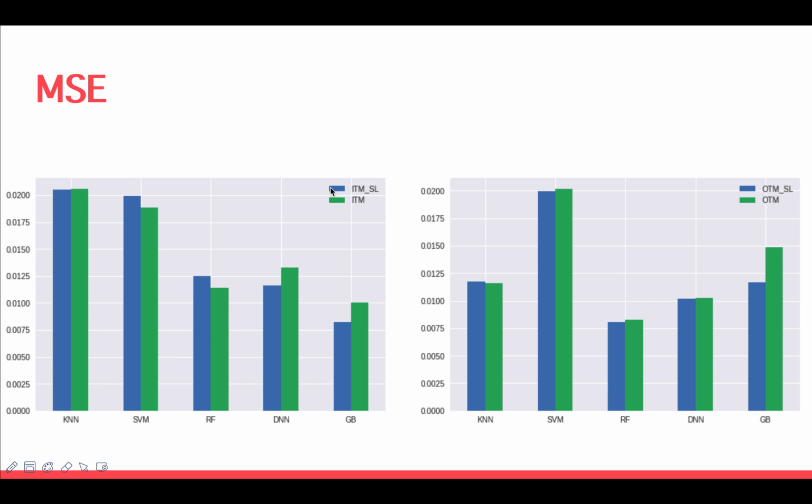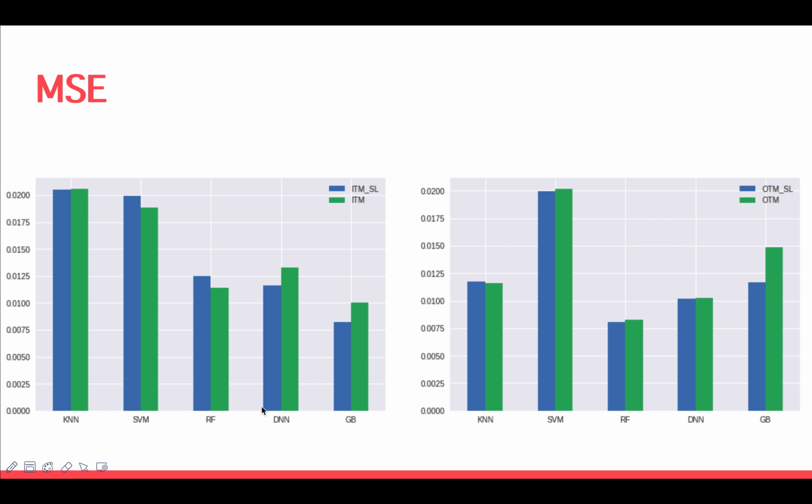The blue one is the MSE after selective learning for the ITM, and the green one is the original MSE from the ITM. So you can see if the blue one is less than the green one, that means the selective learning, done by KNN, is helpful.